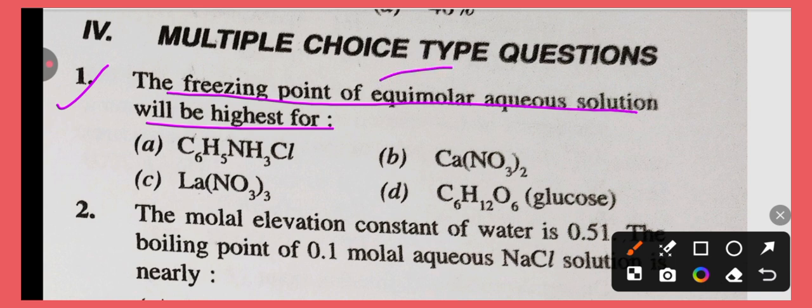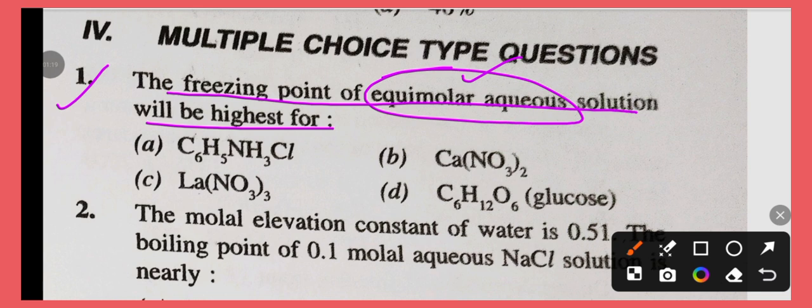We know that in the equimolar aqueous solution, Kf, that is cryoscopic constant, and m, molality, remain constant. Hence, depression in freezing point, that is del Tf, is directly proportional to the Van't Hoff factor i. A greater i indicates a greater freezing depression, meaning a lower freezing point.